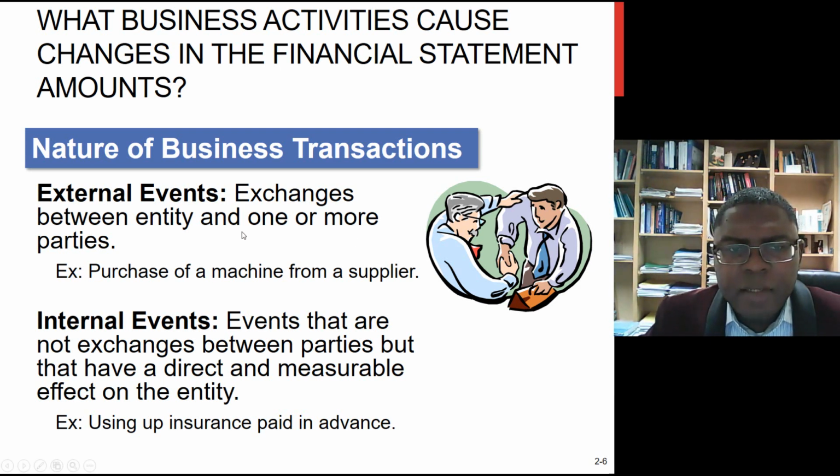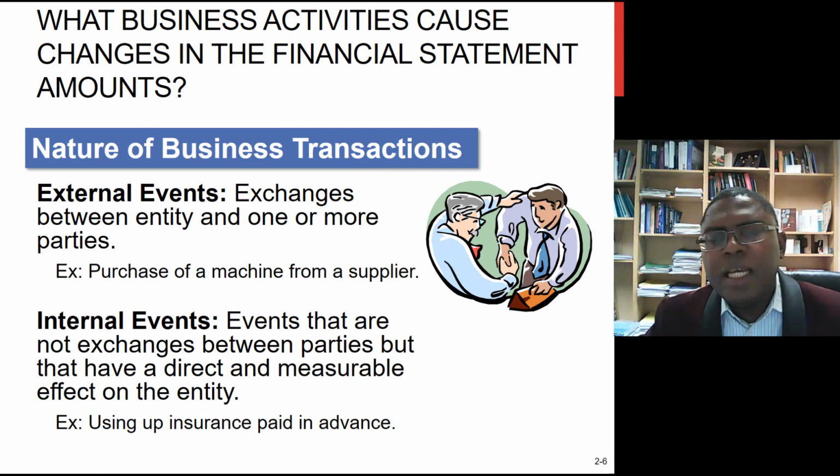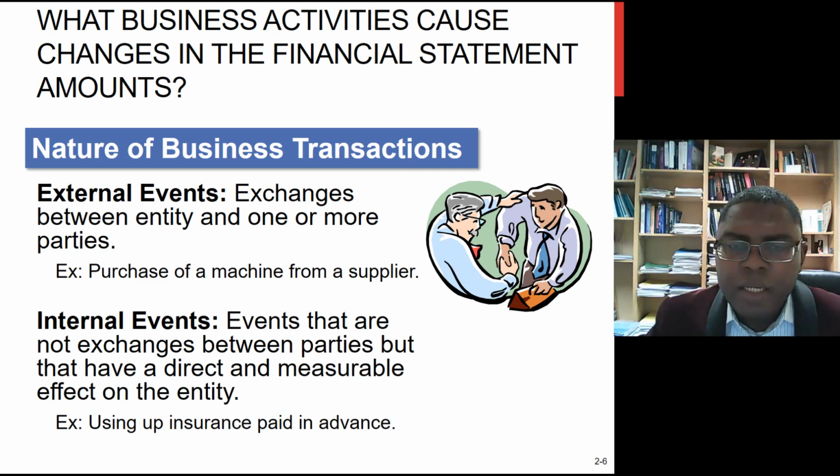There are different kinds of transactions. We have what we call external events. External events are exchanges between an entity and one or more other parties. In other words, it is simply an exchange between a company and another company, or a business and another business.